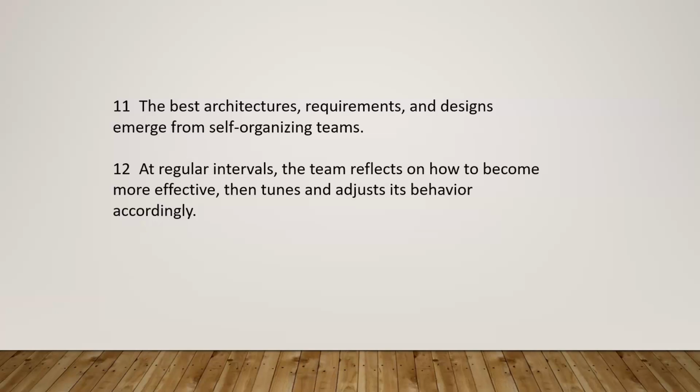Then they tune and adjust their behavior accordingly: how to rectify their mistakes, where to rectify them, and how to adapt. They take feedback from the customer or from the product owners or from the BAs or whoever it is, and at regular intervals this happens so that you are able to deliver very nicely.